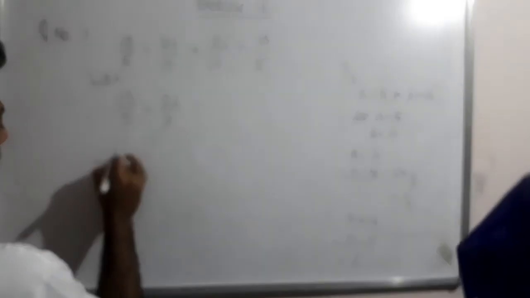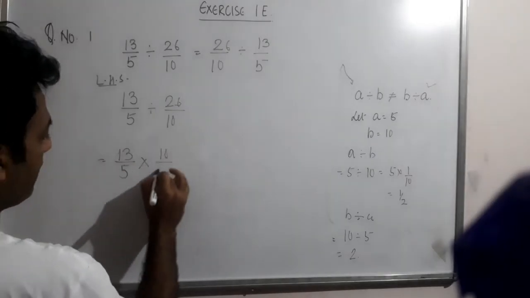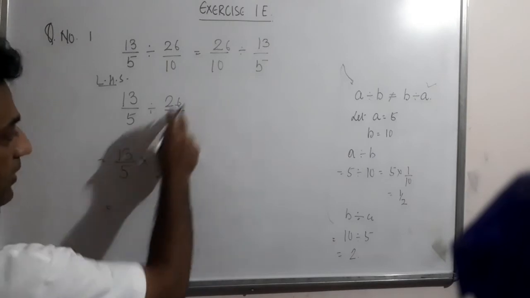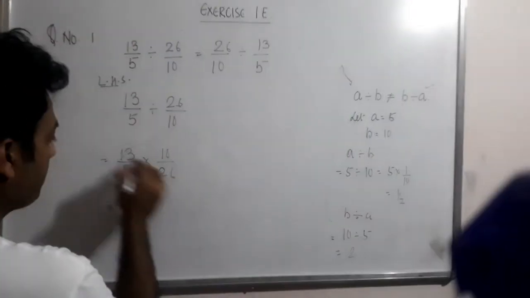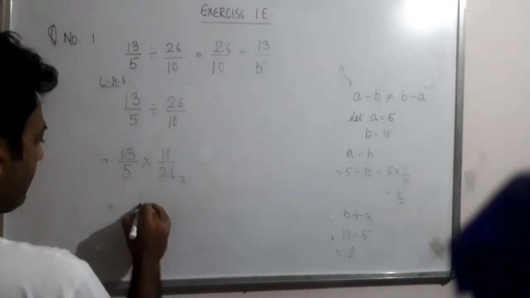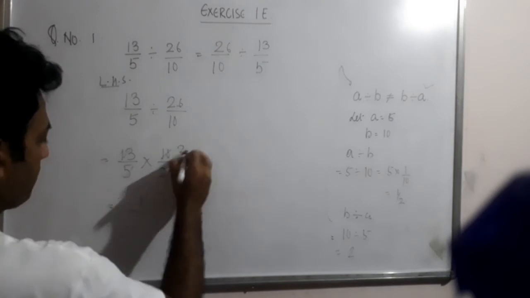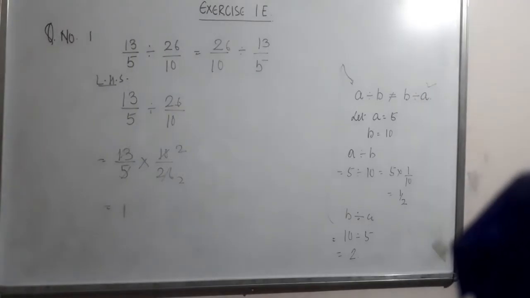So what you can write: 13 by 5 into 10 by 26, again the reciprocal of 26 by 10, which is equivalent to 1.